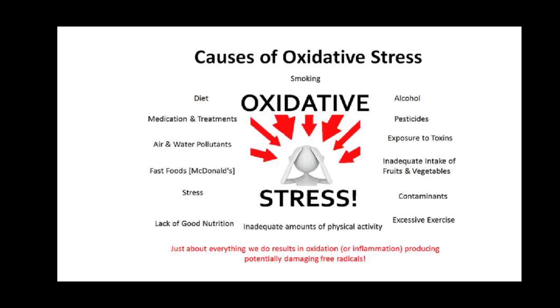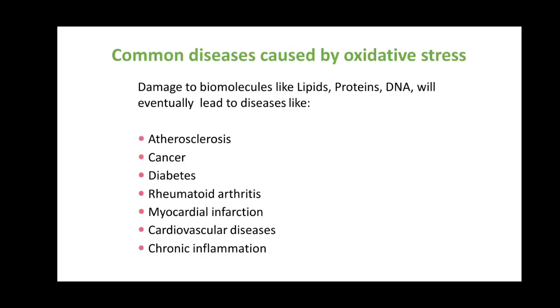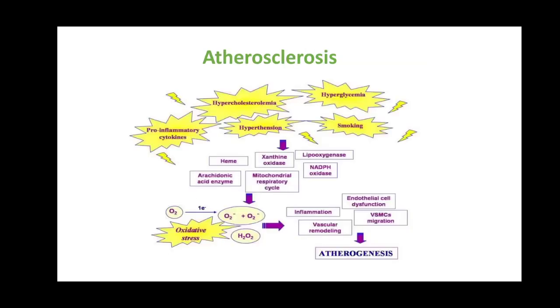So just about everything we do results in oxidation or inflammation, producing potentially damaging free radicals. The common diseases caused by oxidative stress: damage to biomolecules like lipids, proteins, DNA will eventually lead to diseases like atherosclerosis, cancer, diabetes, rheumatoid arthritis, myocardial infarction, cardiovascular diseases and chronic inflammation.